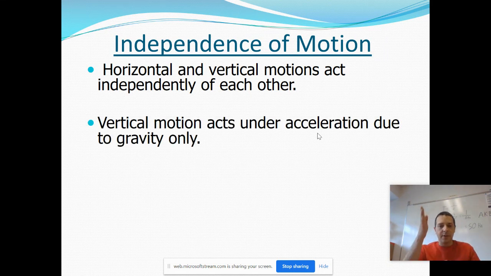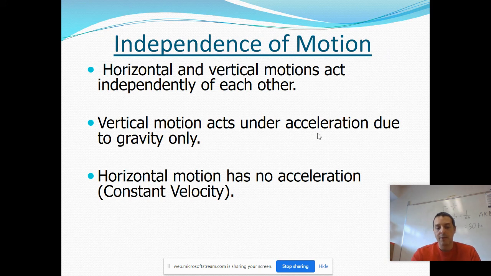When you talk about the vertical motion, this is the up and down. It acts under the acceleration due to gravity only. It's just like a free fall scenario. So we practiced vertical problems about something launched up or something dropped down. The vertical component of a projectile just acts exactly like that. The problems are perfectly the same. The horizontal has no acceleration.